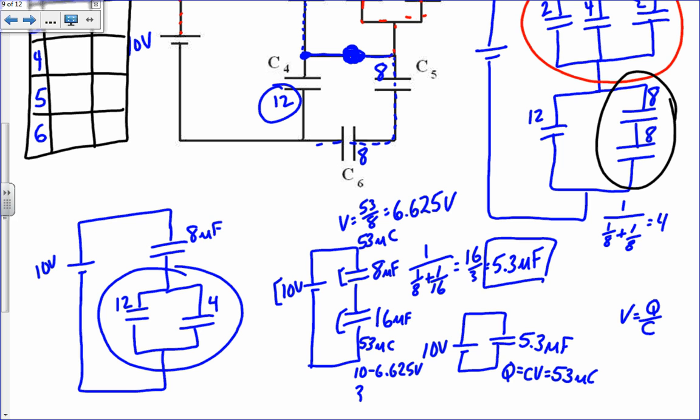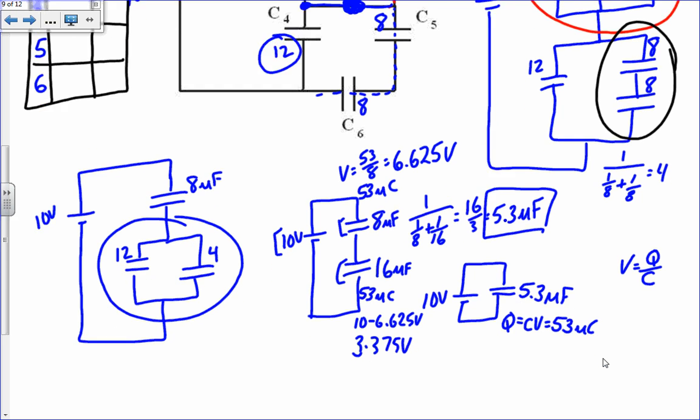So this has 3.375 volts. Now the two methods will give you slightly different answers because of rounding errors. Okay, but I'm just going to go with what I have here.